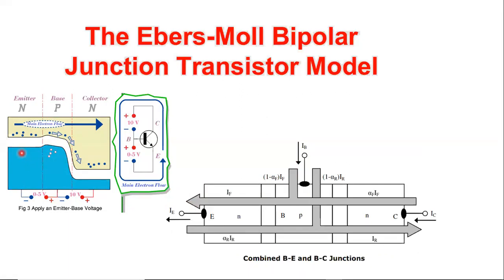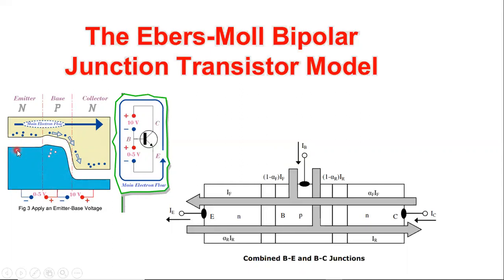This is what we understood. But please remember that you also have holes here. This is an n-type, that's true, but still you have holes, where holes here are a minority carrier. So as the energy of holes is going like that, holes here will move from the emitter to the collector.